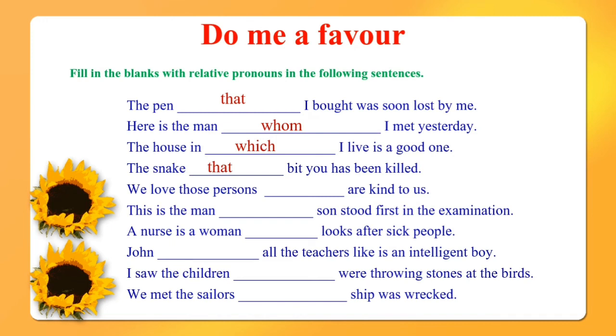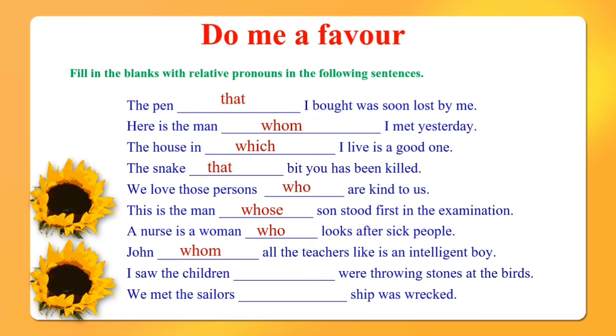We love those persons. These are kind to us. We love those persons who are kind to us. This is the man whose son stood first in the examination. A nurse is a woman who looks after sick people.